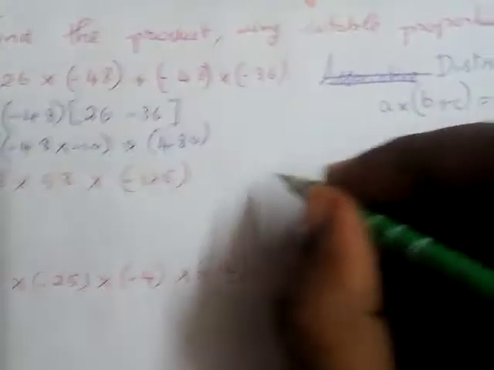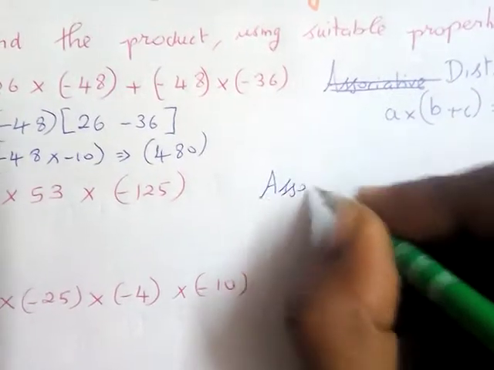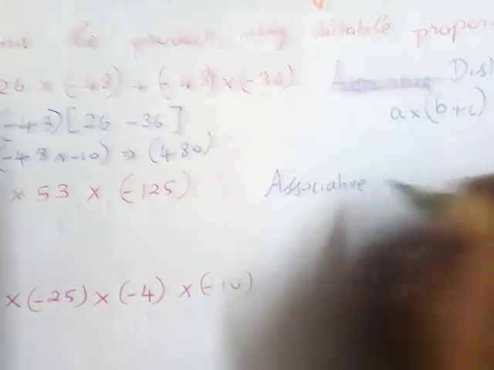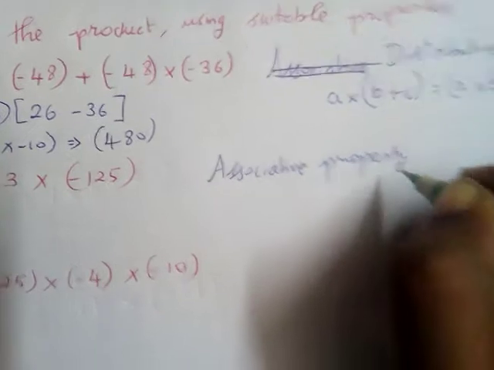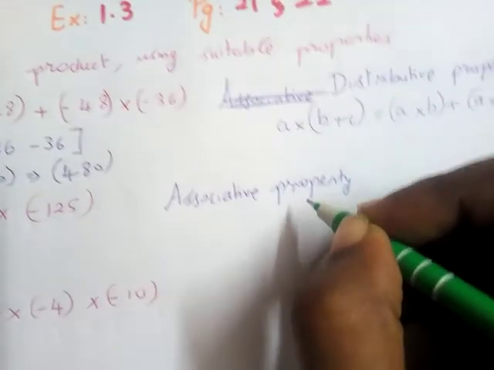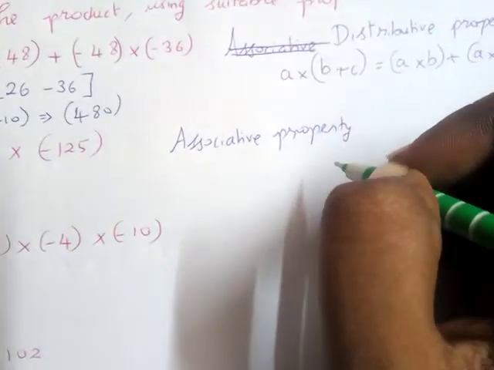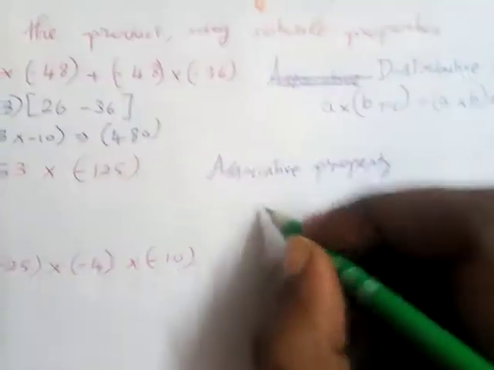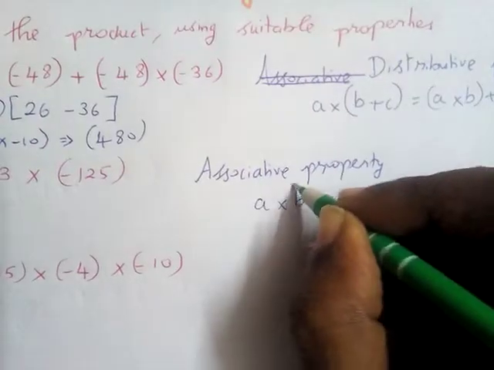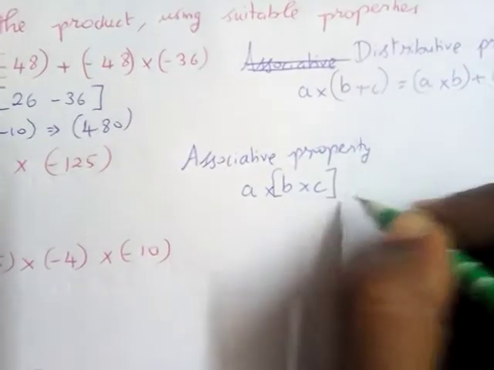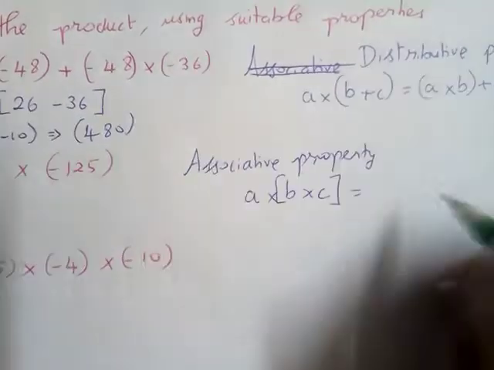Here you are going to use the associative property. Please make it a habit to write all these properties whenever you are solving, even in your question paper and in your answer sheets. Over here it says that A into B into C: if you have three integers to be multiplied, you can multiply them in any order.